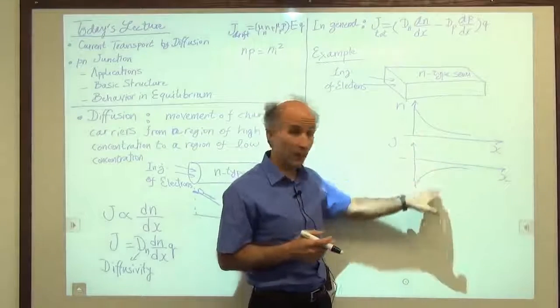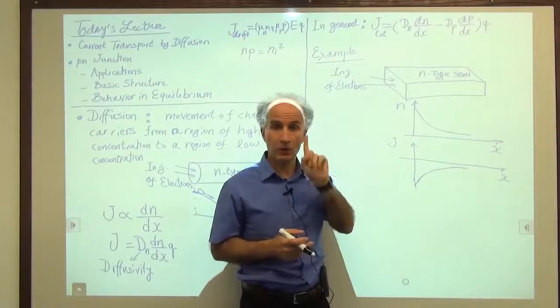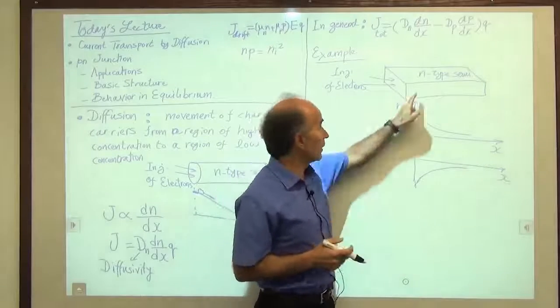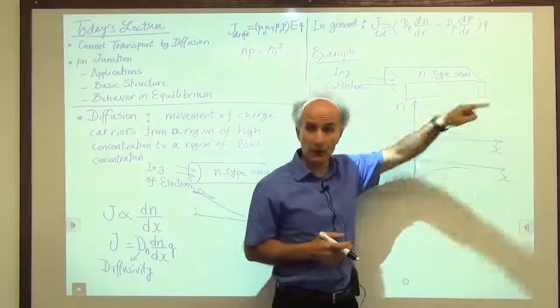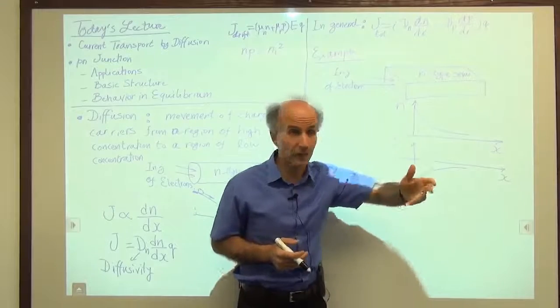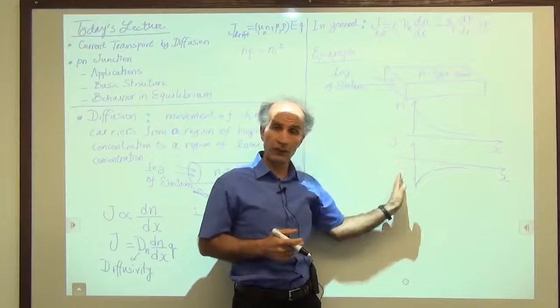So if we see this behavior, the only conclusion is that the electrons must be combining with holes as they go this way. And that's why we have fewer electrons over here than over here.